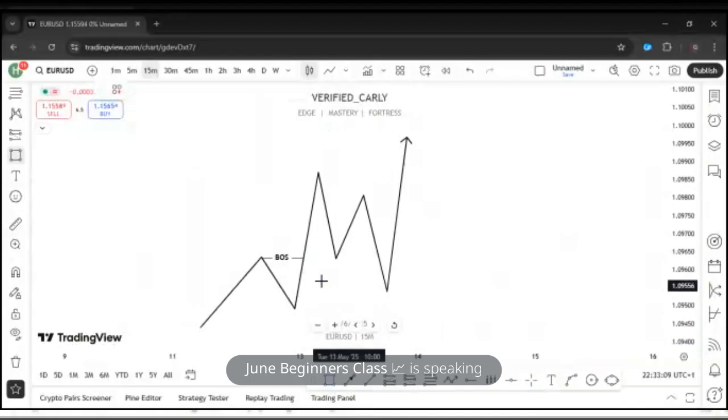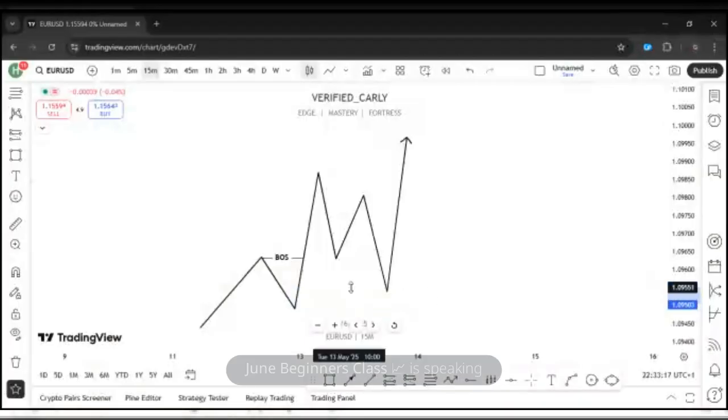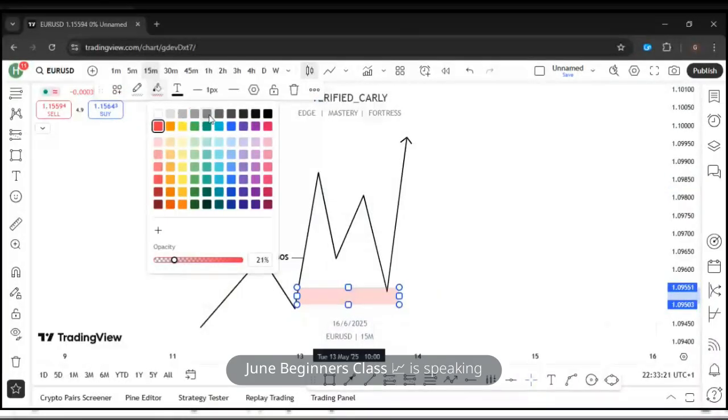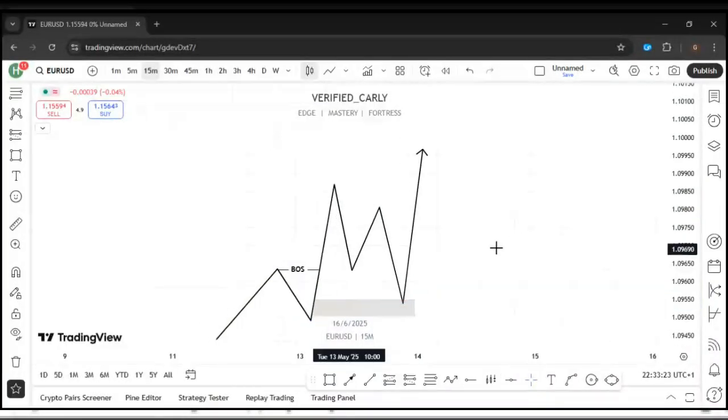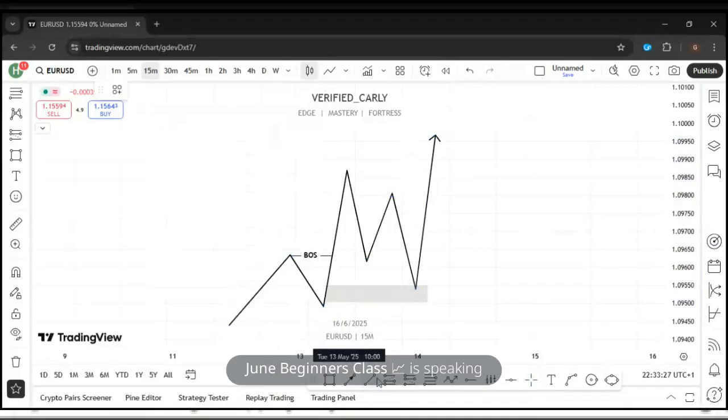I told you there's an order block that led to this break of structure, might be within this zone. You don't know, so let's mark it as ash. What did price now do? The price came back down to create liquidity. This right here is the liquidity.